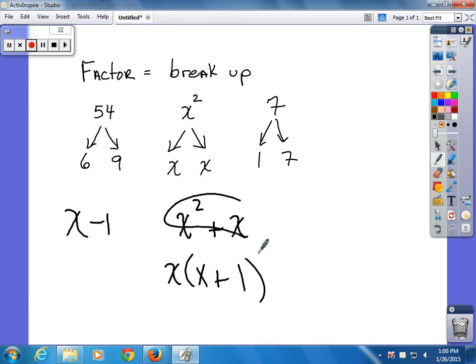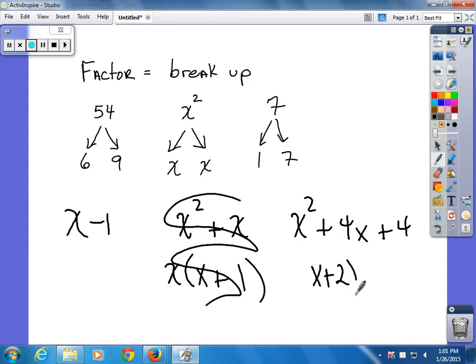Now we really don't care about this because we're not going to get into that right now, but what I'm trying to tell you is that you can factor pretty much everything. You could factor this guy, which we don't need to worry about, x squared plus 4x plus 4, and you can factor that into x plus 2 times x plus 2.